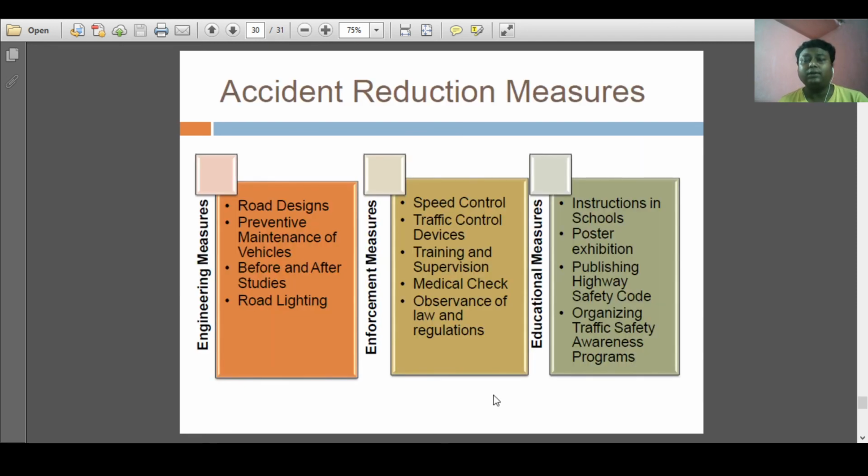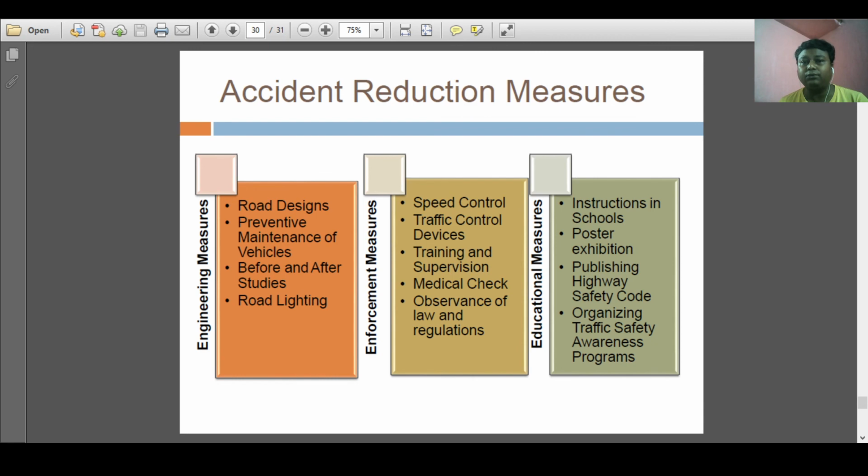So what are the accident reduction measures? Basically there are various types of measures: engineering measures, enforcement measures, and educational measures. Road design, pavement maintenance, vehicle maintenance, before and after studies, and road lighting are all engineering measures. And what are the enforcement measures?